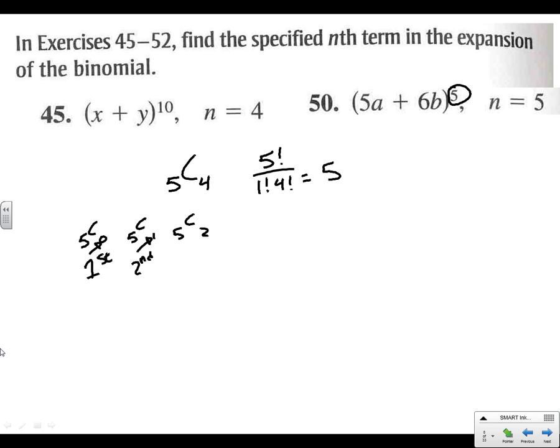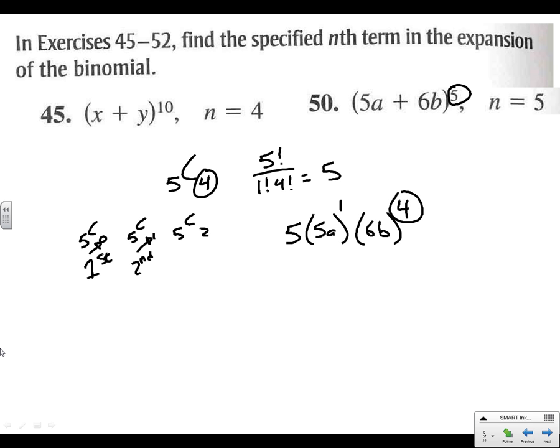So 5c4 is going to be 5 factorial over 1 factorial, 4 factorial, which is just 5. And so we want to expand this all the way out. It'll be 5, (5a) to the something, (6b) to the something. What are those somethings going to be? Well, if it's the 5th term, we're using 4 for this second one, and 1 for the first one. As we expand out, the very last term, which would be the 6th, this number here would be 5. So the 5th term is the second to the last one.